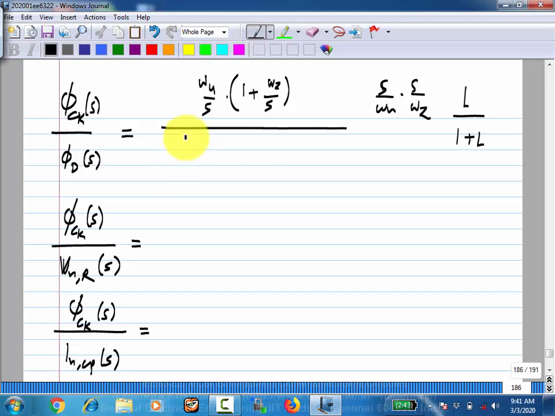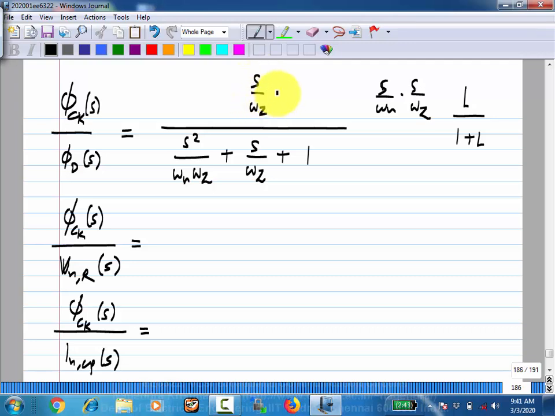What do you have in the denominator? What will be the S term? S by omega z plus 1. And in the numerator, 1 plus S by omega z. This is quite easy to calculate. The interpretation is more important.